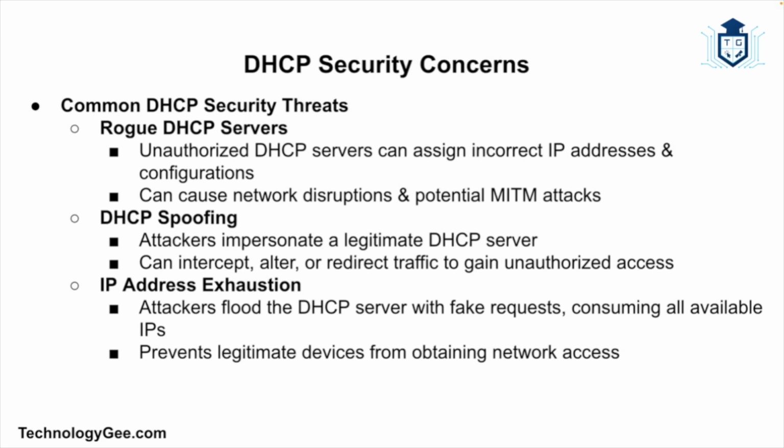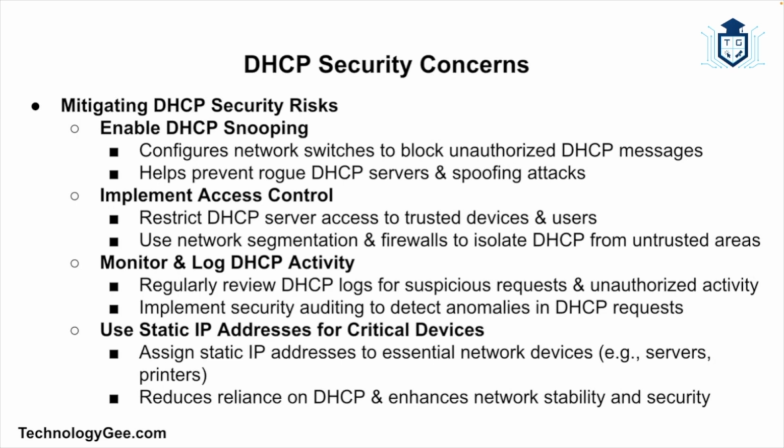The next concern is DHCP spoofing. Attackers can impersonate a legitimate DHCP server, intercepting and altering DHCP messages to redirect traffic or launch man-in-the-middle attacks. And then there is IP address exhaustion. Attackers can flood the DHCP server with bogus requests, exhausting the pool of available IP addresses and preventing legitimate clients from obtaining addresses.